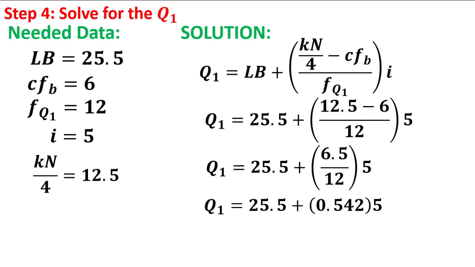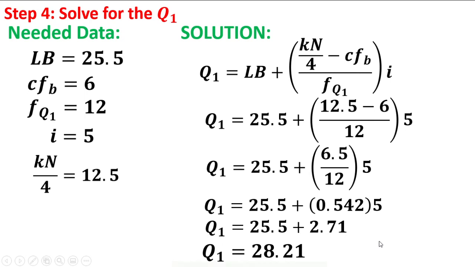So, 6.5 divided by 12 is approximately equal to 0.542. 0.542 times 5, ito pwede mong idiretso sa calcu. 6.5 divided by 12, yung sagot, times 5 mo na agad siya sa calculator mo. So, times 5, that is approximately equal to 2.71. And 25.5 plus 2.71 is equal to 28.21. So, ibig sabihin, yung value ng first quartile is equal to 28.21.